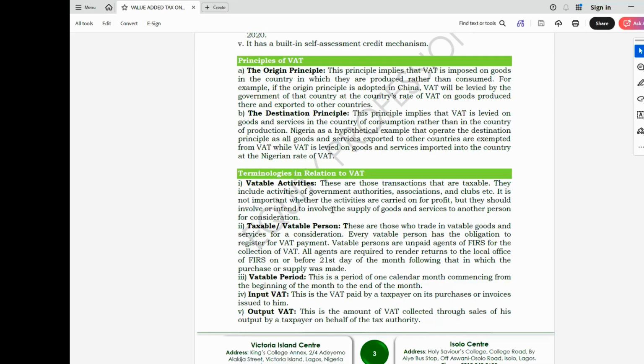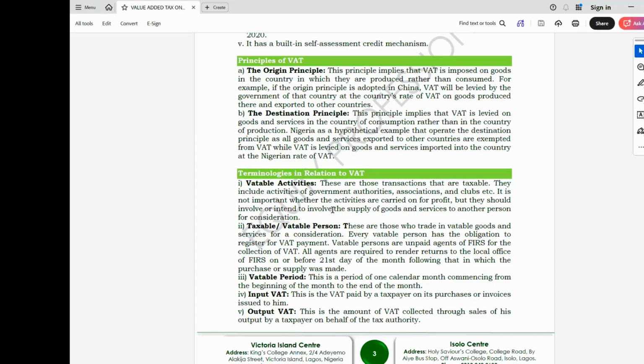So it is also important to know that this vatable activity may not be carried out for the purpose of profit making. It is not necessarily that you are providing that service because you want to make profit. Once that transaction is liable to value added tax, it is regarded as a vatable activity.